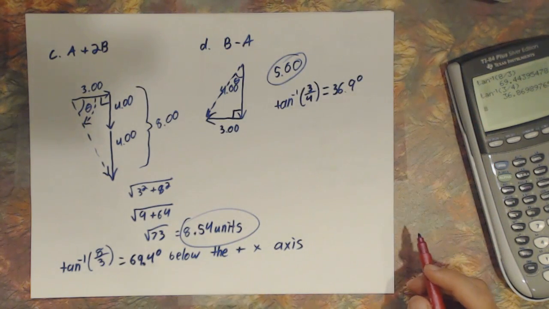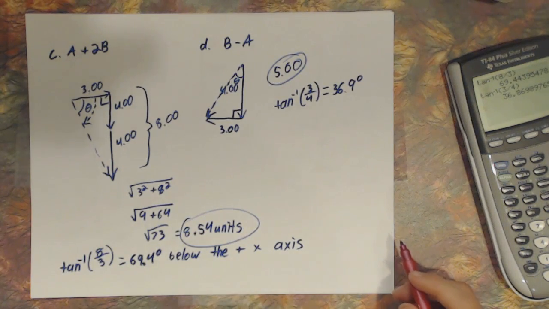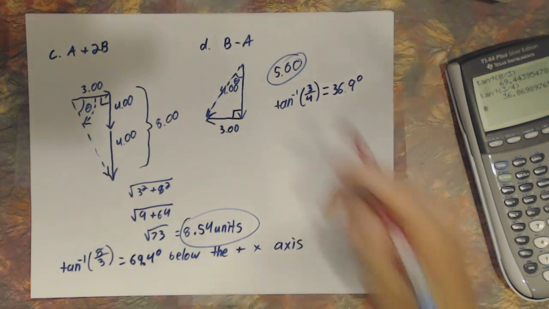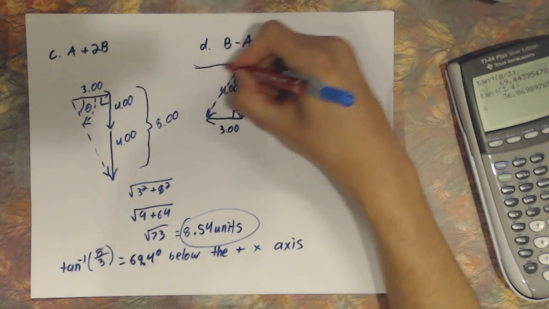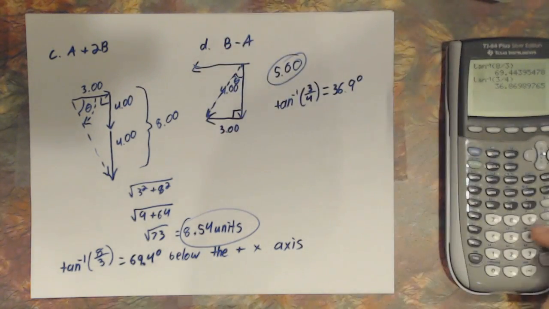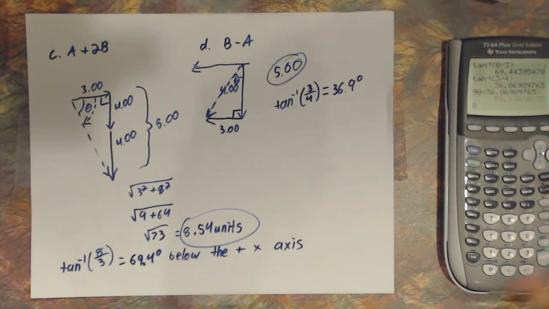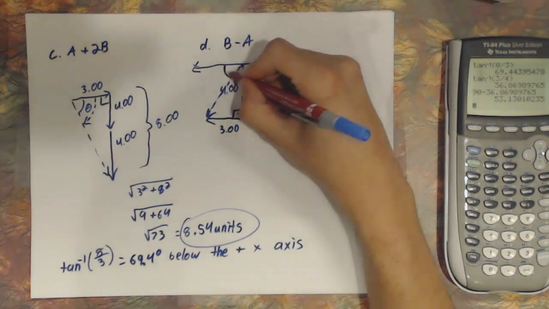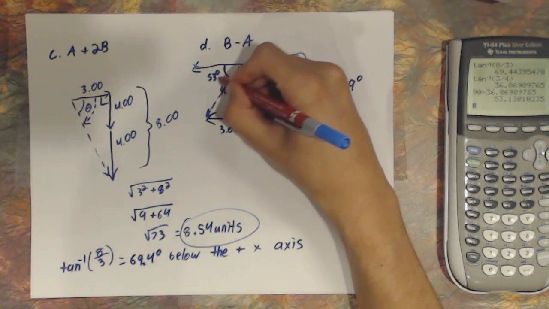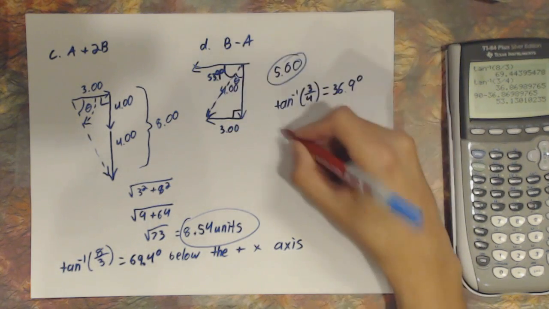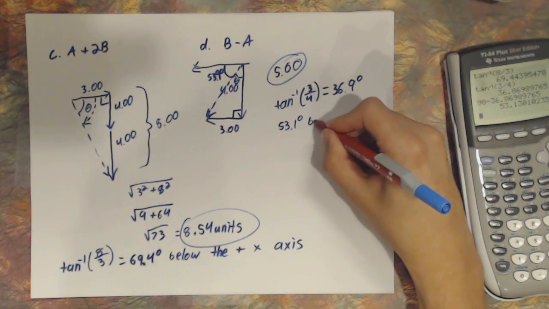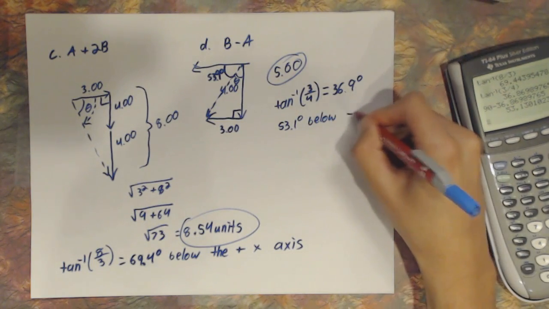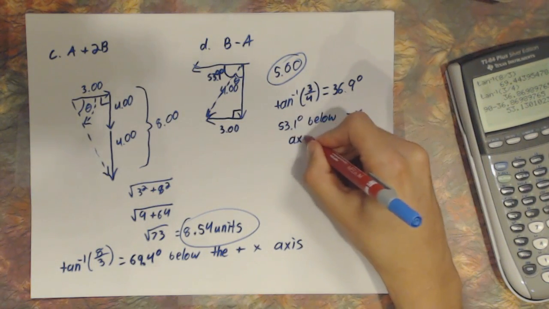And usually we want to have our angle with respect to the x-axis, so you could do it with respect to the negative x-axis. Since this is 36.9 degrees, it would be 53.1 degrees, so that could be 53.1 degrees below the negative x-axis.